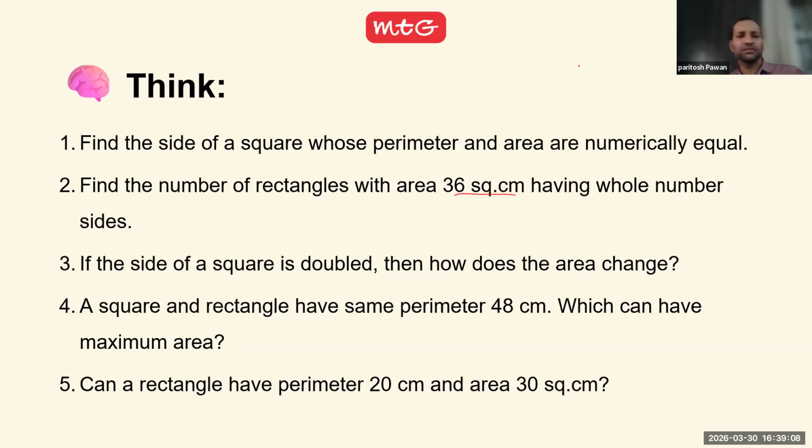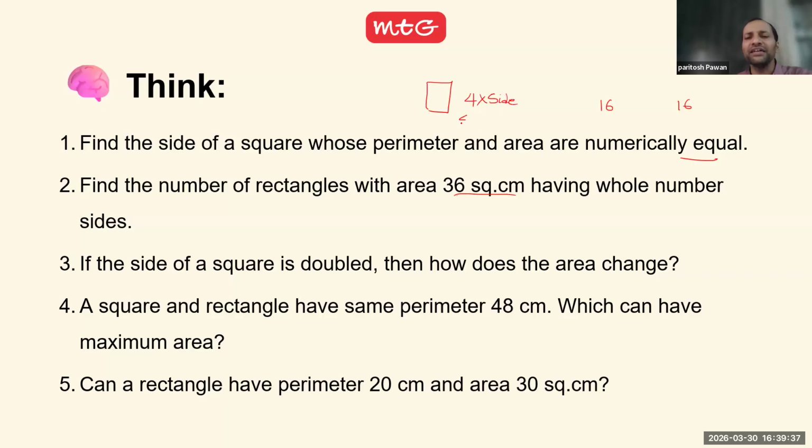So now let's discuss. The question says, find the side of a square whose perimeter and area are numerically equal. It means the value of the perimeter and the area are equal. Suppose the perimeter is 16, then the area will also be 16. Perimeter means 4 sides, so 4 into side.